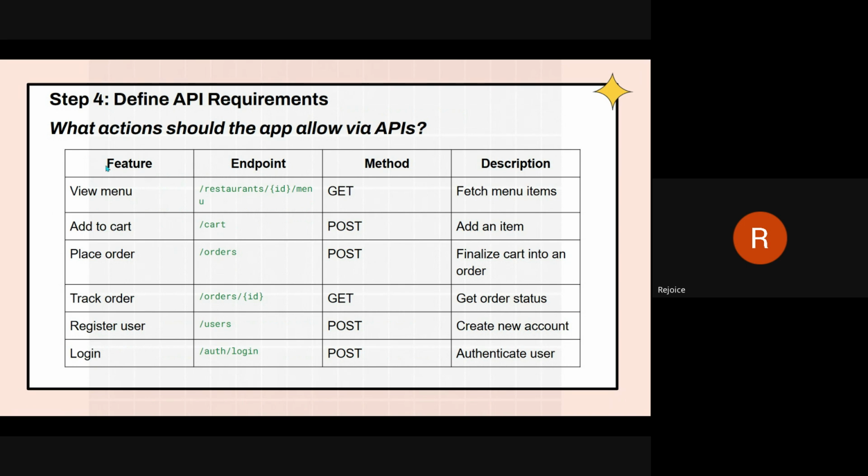You already have on your user flow what the user should be able to do, and all of these things the user does is calling APIs, striking one endpoint or the other. So there has to be an API for each: login, register, view menu, add to cart, place the order, then track your order.